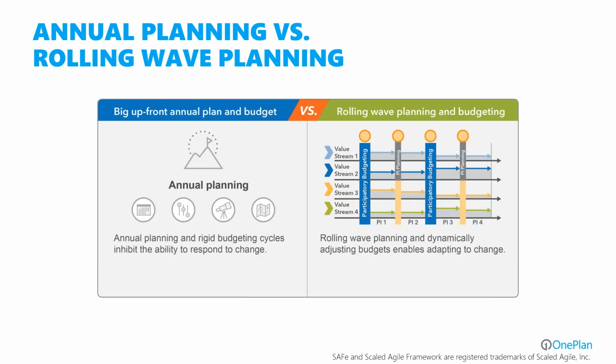So one of the recommendations is we should all be doing 6 monthly cycles. Some people even go more aggressive than that. But a good starting point is to shift your strategy setting and your budgeting to 6 monthly rather than annual cycles.